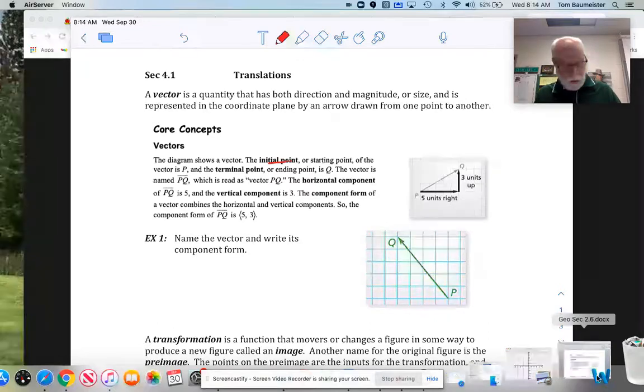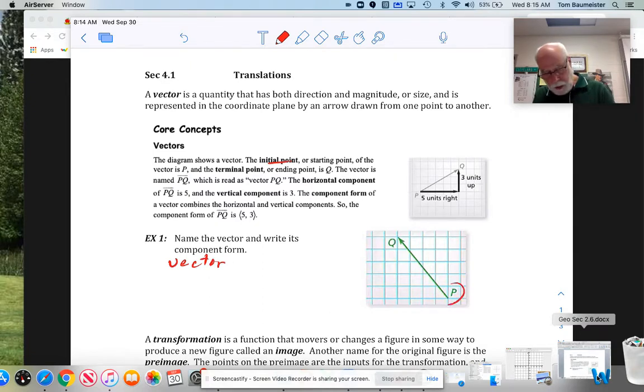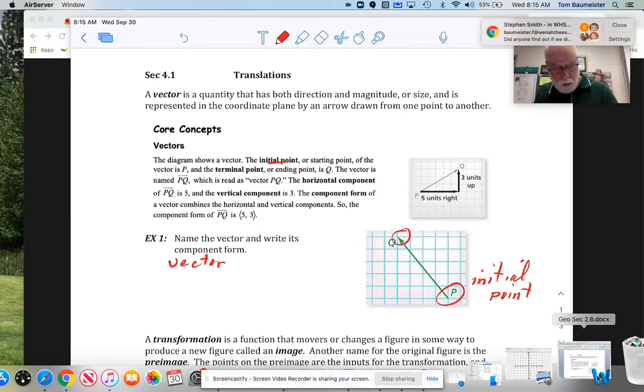So on this one right here, example 1, name the vector and write its component. So on this one here, your vector is, again, here's our initial point, and here's our terminal point, Q. And we're going to call it vector PQ.